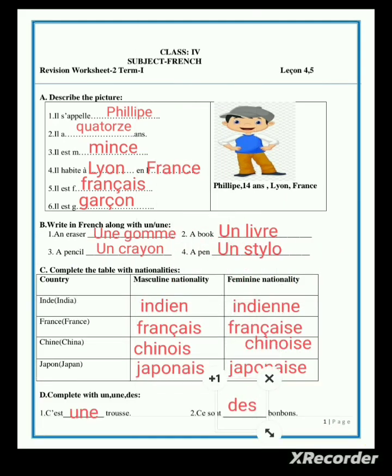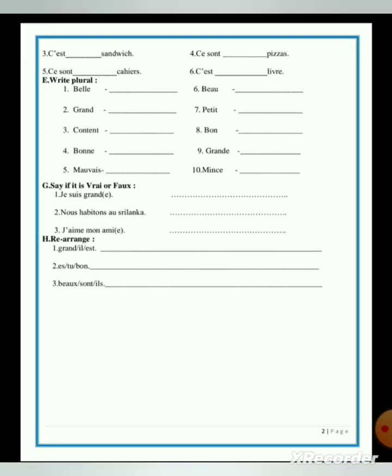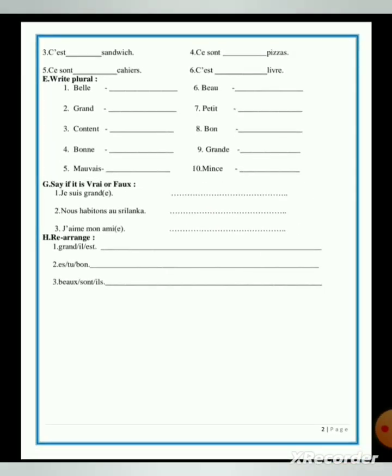Ce sont des bonbons. Now come to the question number 3. C'est sandwich. Sandwich means sandwich, and it is masculine in French. So how we will write here? C'est un sandwich.